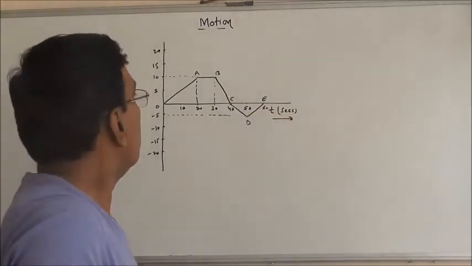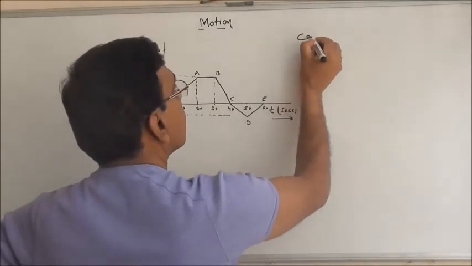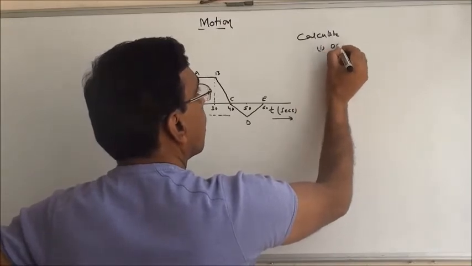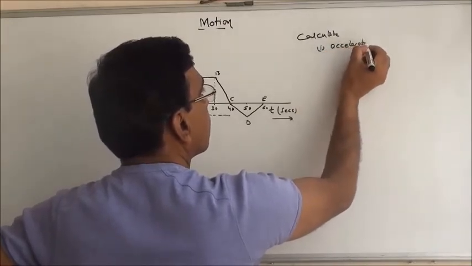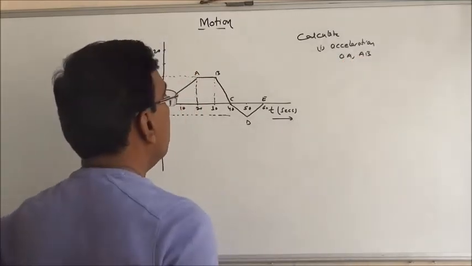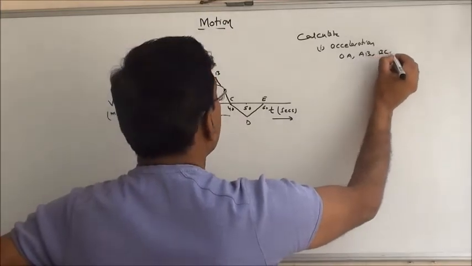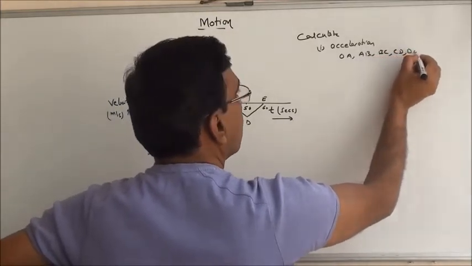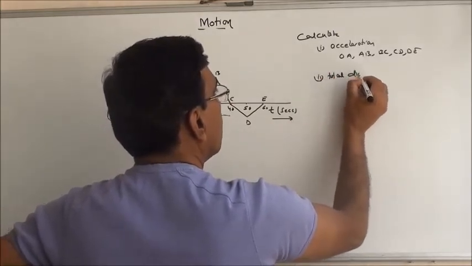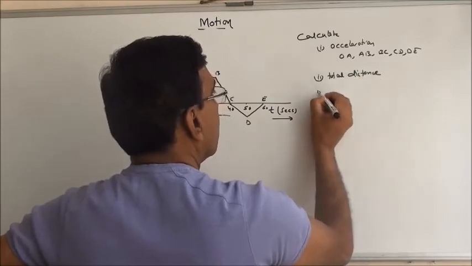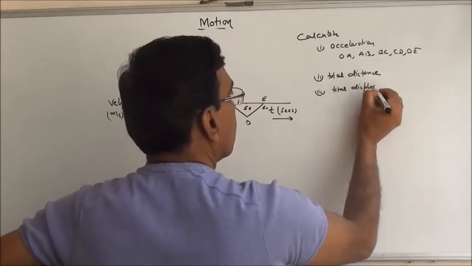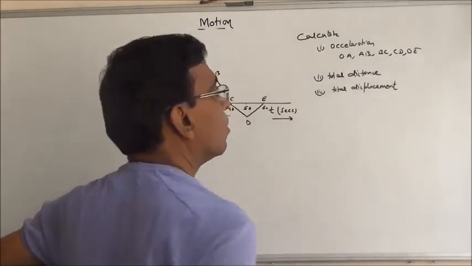And I ask you to calculate the acceleration for the intervals OA, AB, BC, CD, DE. Then the total distance, and then the total displacement.